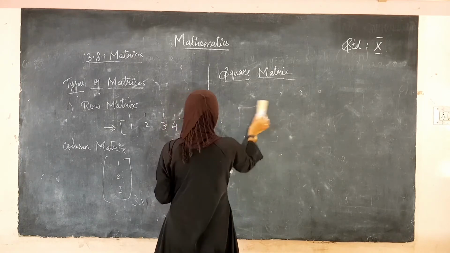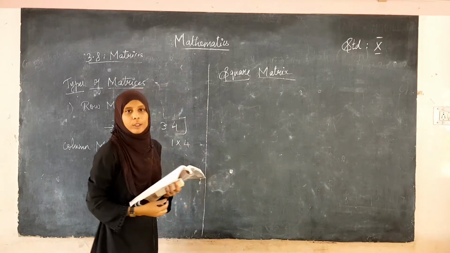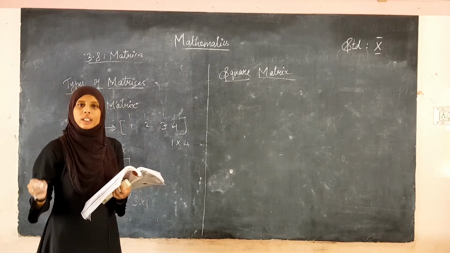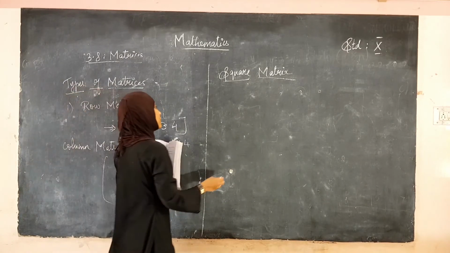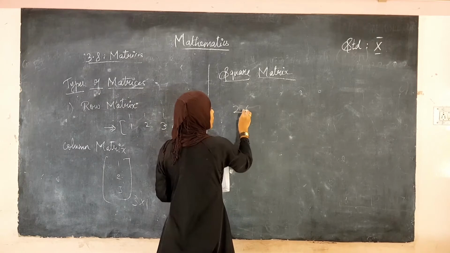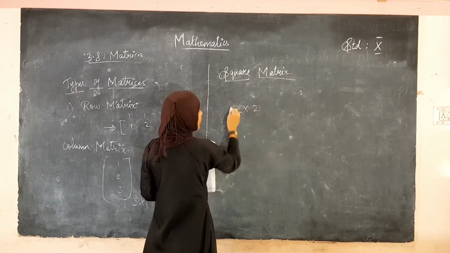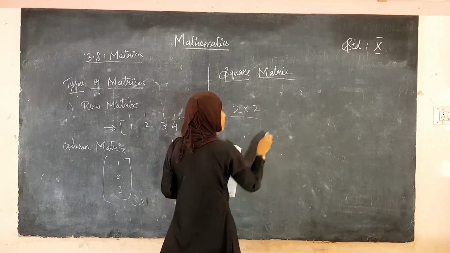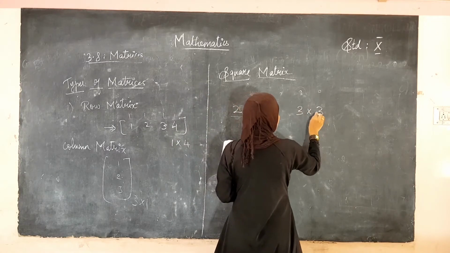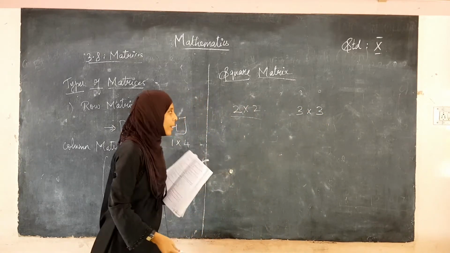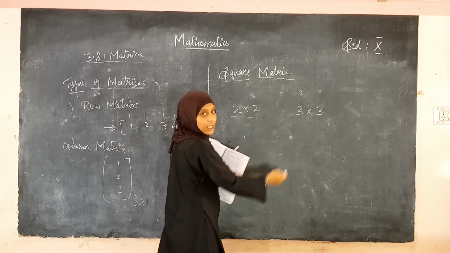Similarly, for the square matrix, the number of rows and the number of columns will be the same. See here, if the number of rows is 2, the columns will also be 2. So, the order of the matrix is 2 cross 2. If the number of rows is 3 and the number of columns is 3, then the order of the matrix is 3 cross 3. Then we can say this is a square matrix.